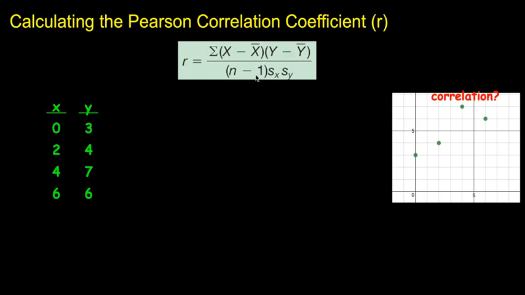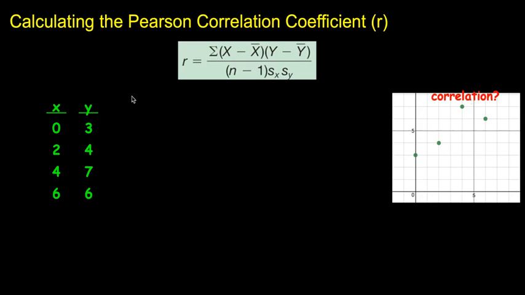We're going to divide by n minus 1, by the standard deviation of the x's, and by the standard deviation of the y's. And really, this is just giving us a sense of how much the change in x is actually causing a change in the y. As we go over, is there a nice, reasonable pattern going across?